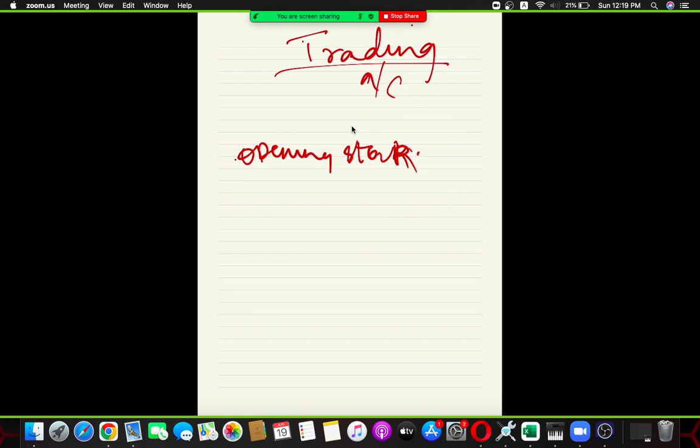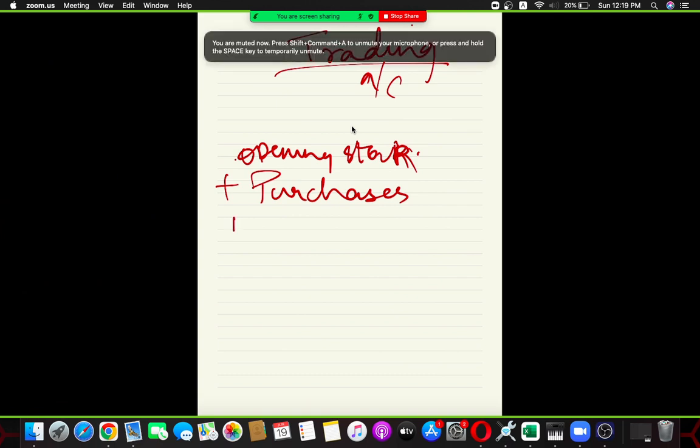Easy. Now, we will add purchases for the same. As of now, we are studying the trading account, but before going into the concept, let's understand how we get the closing stock. This is the closing stock calculation I am doing.